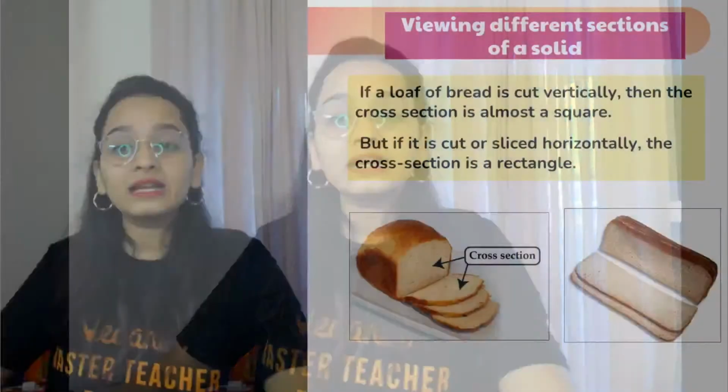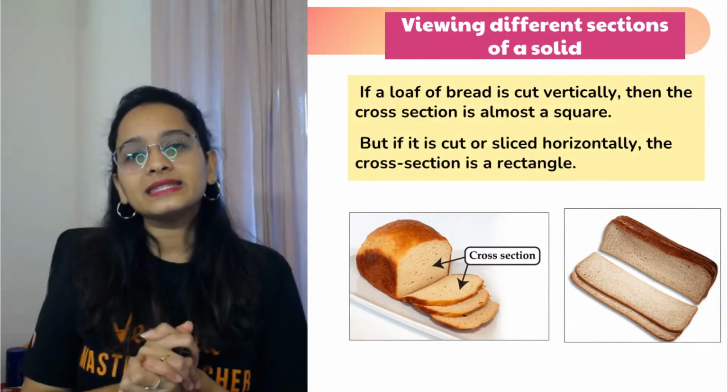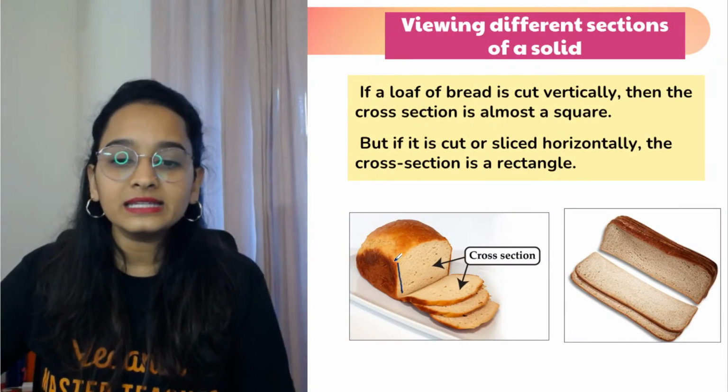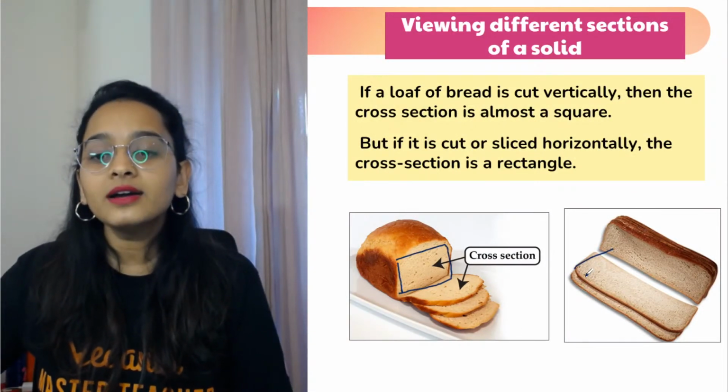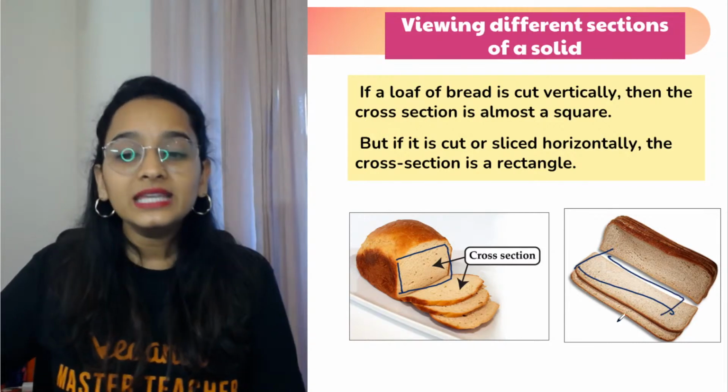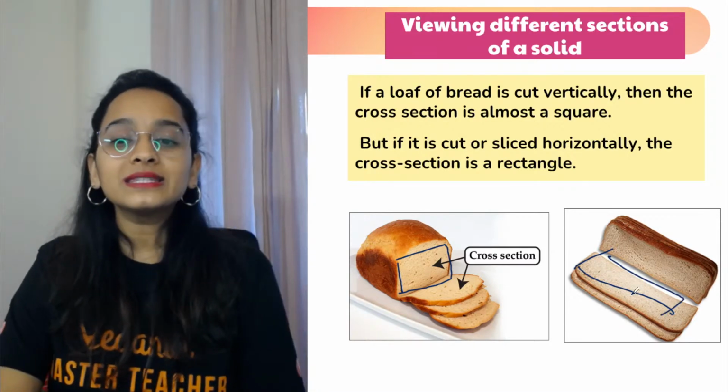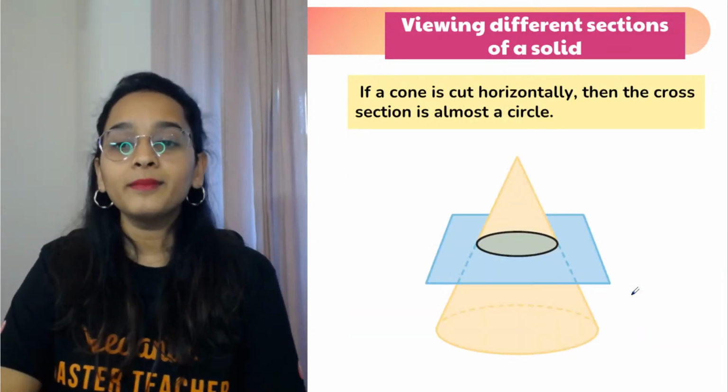Depending upon how you are cutting the bread, you can cut it straight like this also. Then you can see long rectangles forming. So depending upon how you are cutting the bread, you can see a square or a rectangle. These are called the cross sections of a bread.